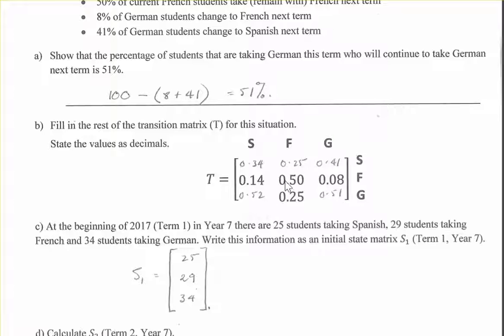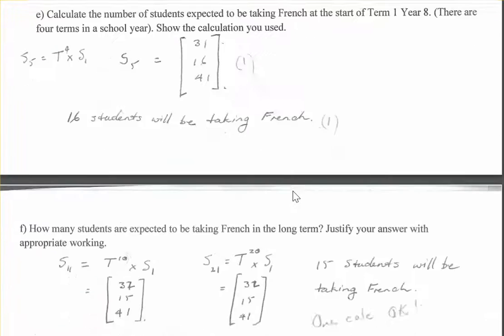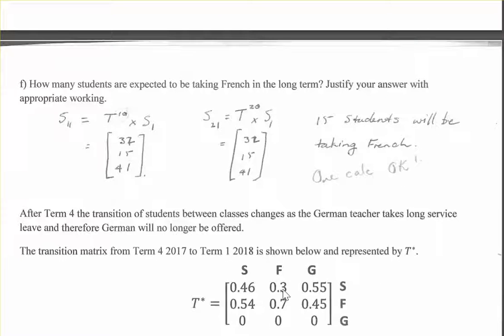So let's check what's happened in term 1 2018. Well, that was originally 0.25. Now it's increased by 0.05. So 5% of those students went from French to Spanish. The other 20% went from French back to French.